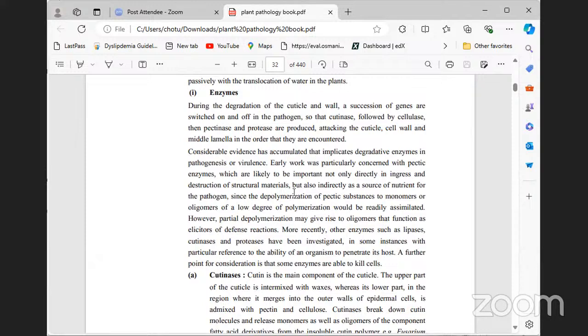Early work was particularly concerned with pectic enzymes, which are likely to be important not only directly in the destruction of structural materials, but also indirectly as a source of nutrient for the pathogen, since the depolymerization products would be readily assimilated.